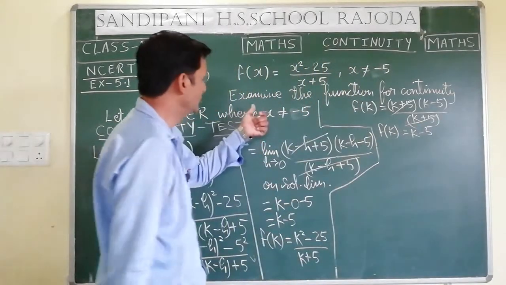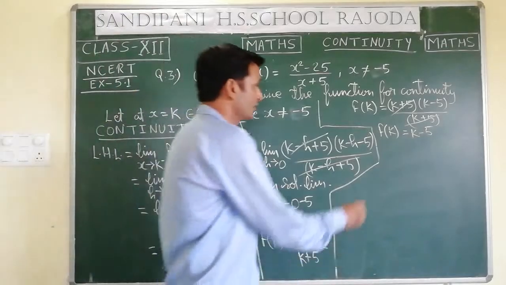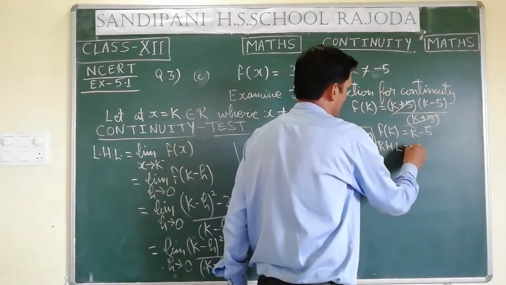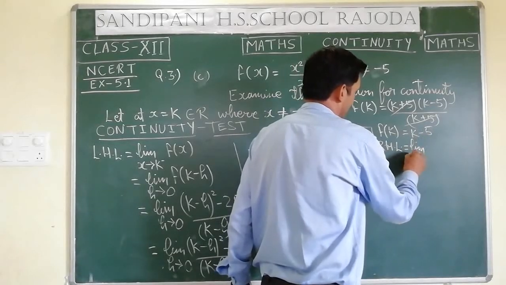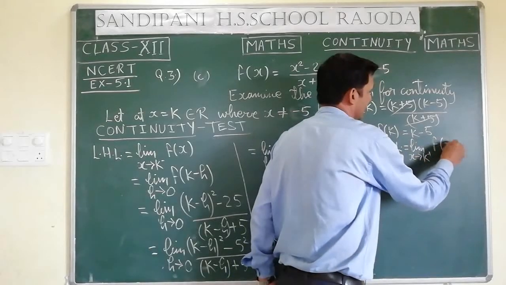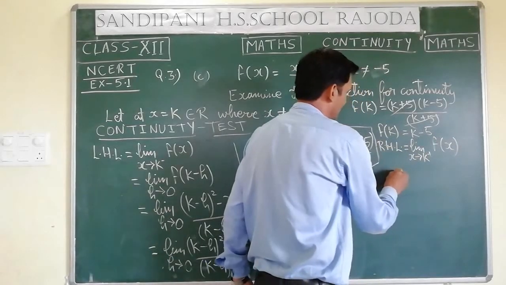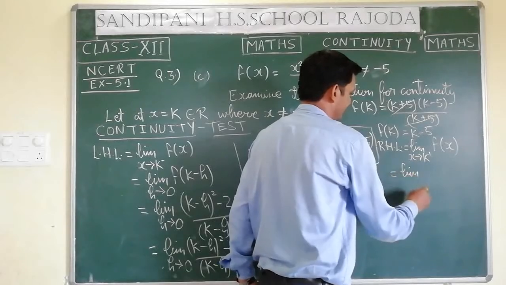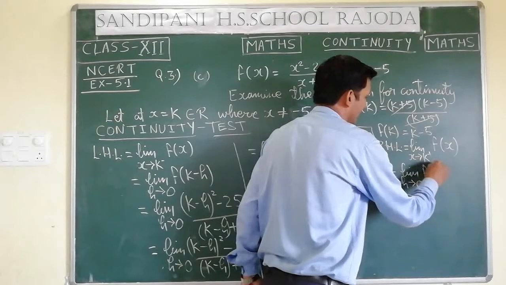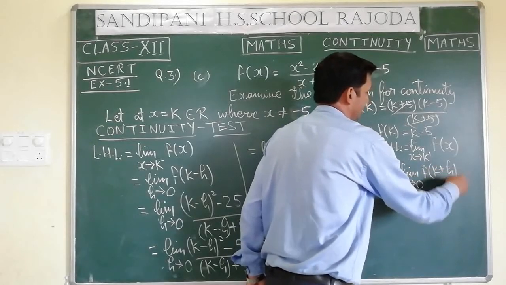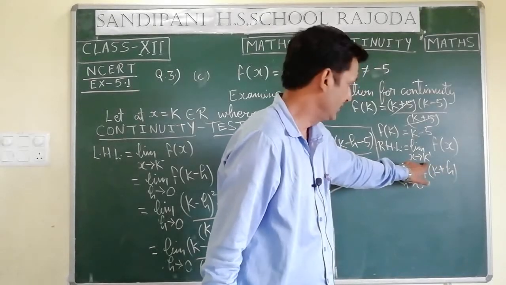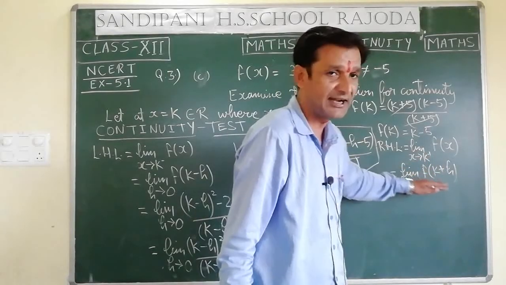Now we have to find the right hand limit. So RHL is equal to limit x tends to k plus f of x, that is equal to limit h tends to 0 f of k plus h, because in this case we are discussing the right hand limit.